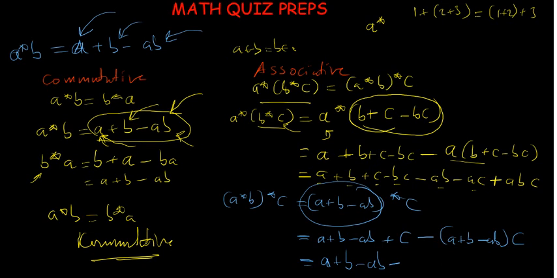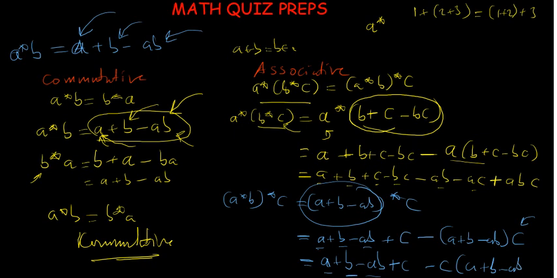Okay, so we have got a, which we've written there, we've got b, which we've written there, we've got negative ab, which we've written there, and then we've got plus c. Now minus a plus b minus ab times c. So this c can also be written in front like that, and then that will be a plus b minus ab.